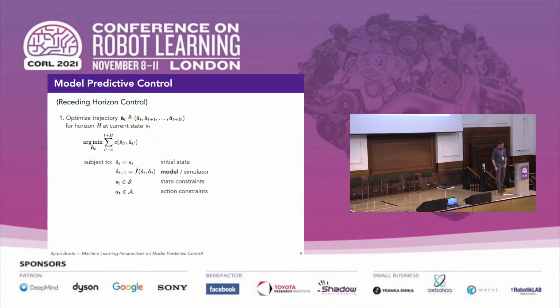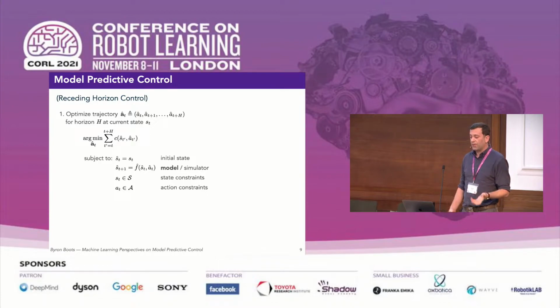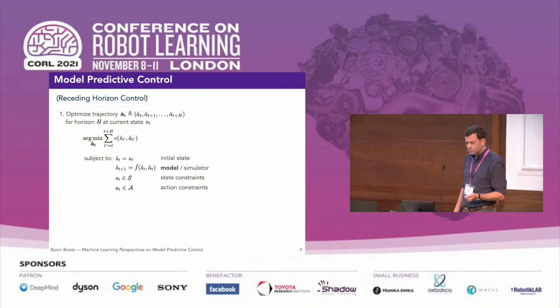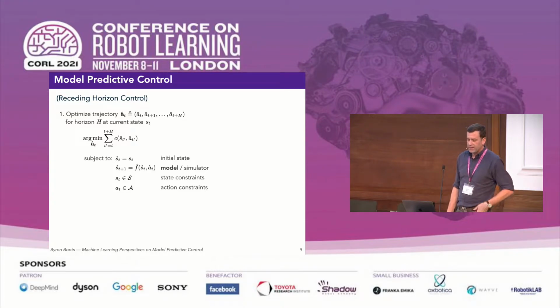Okay, so to describe MPC a bit more formally, I just want to walk through what the optimization problem sometimes looks like. At each time step, we want to optimize for a horizon H trajectory in action space from our current state. And this is usually formalized as trying to minimize the sum of future costs, subject to our current state, an approximate model of the system dynamics, and hard or soft constraints defined on our state.